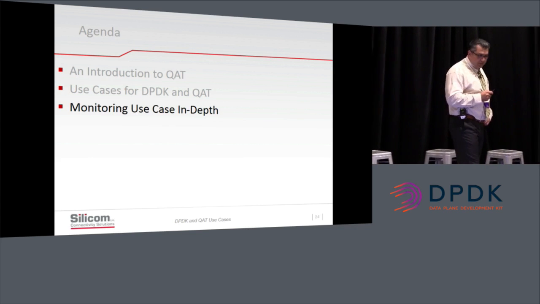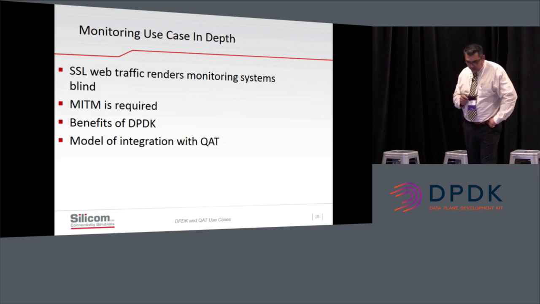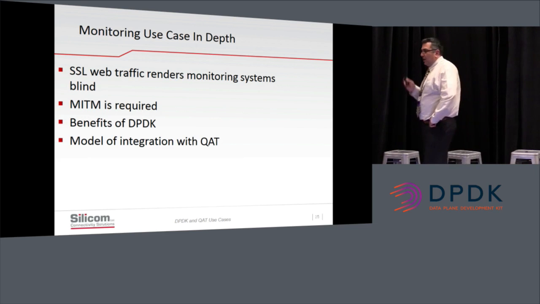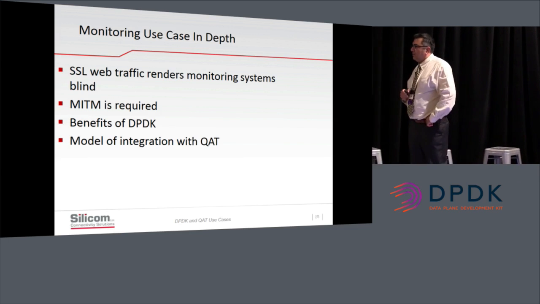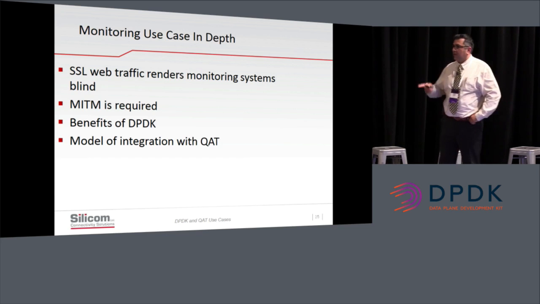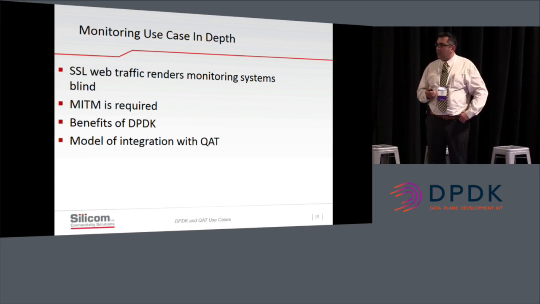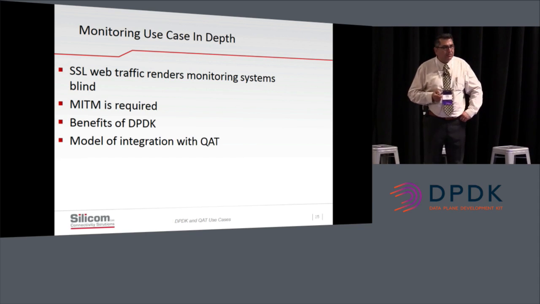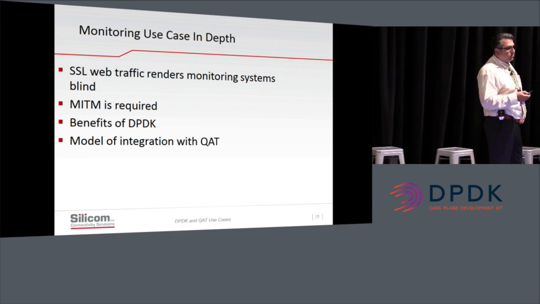Now, the monitoring issue is somewhat interesting. Monitoring is quite a painful issue when it comes to encrypted traffic. But in a show of hands, does anybody know what is the percentage of encrypted SSL traffic out there on the web compared to clear text?